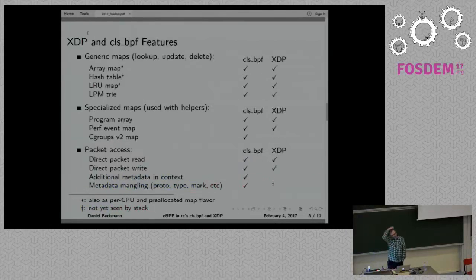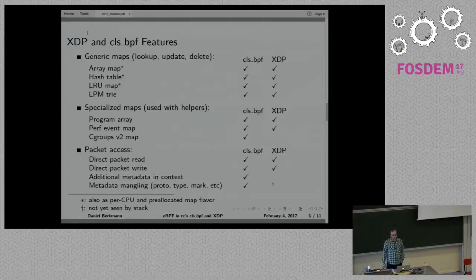Some of those features I mentioned: there are maps, which are efficient key value stores. You can, from a BPF program, look up, update, or delete elements. Currently there are a couple of flavors, which are array maps, hash tables, least recently used maps, and longest prefix match, which has been merged not too long ago.